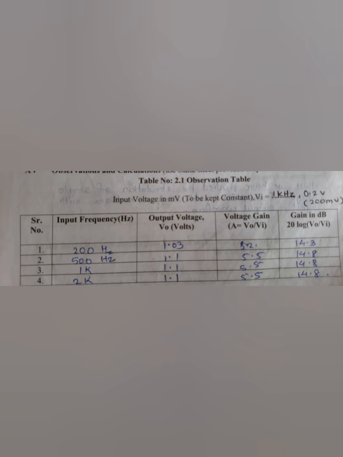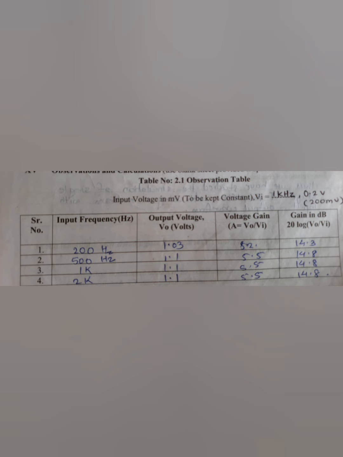For example, for 200 hertz you get an output voltage of 1.03. These are various output ranges. For 2K it is 1.1. When we calculate the voltage gain, that is A equal to V0 upon Vi, we get 5.5.